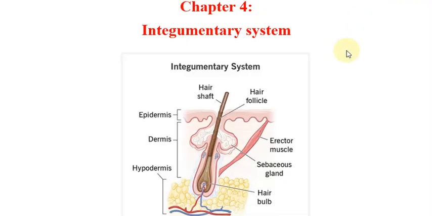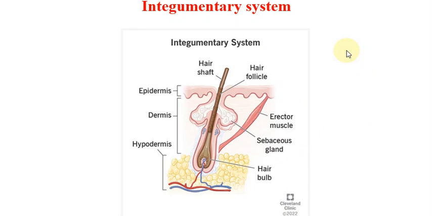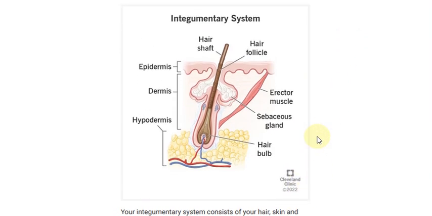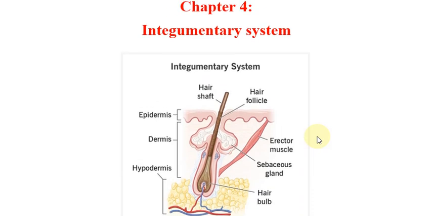Here I have a picture in short that will help you with understanding or remembering what the integumentary system is. I've got it from the Cleveland Clinic, and here you have some important vocabulary items like epidermis, dermis, hypodermis, and sebaceous glands.